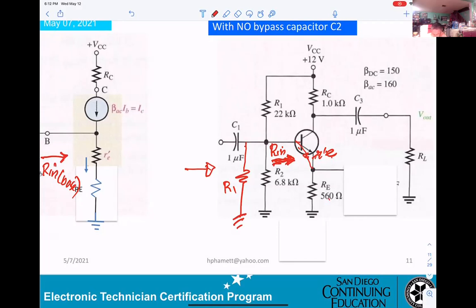Okay, now maybe I have to tell you. You have to see from the base to the root, and that also you can get the resistance. They call RB. What is the RB?